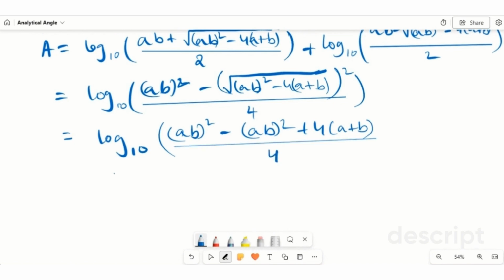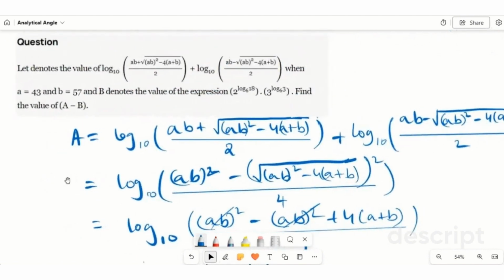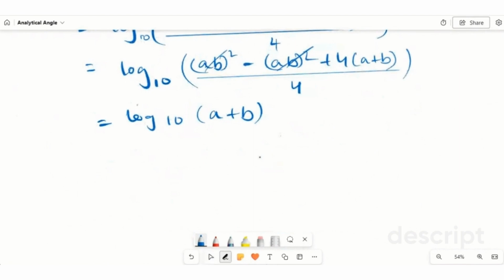Now AB whole square cancels out, and so this becomes log of A plus B. Now if we go back to the question, they have given us the values of a and b. a is equal to 43 and b is equal to 57. That means a plus b is equal to 100. So the value of capital A is equal to log of 100 base 10, which is equal to 2. Therefore, capital A is equal to 2.